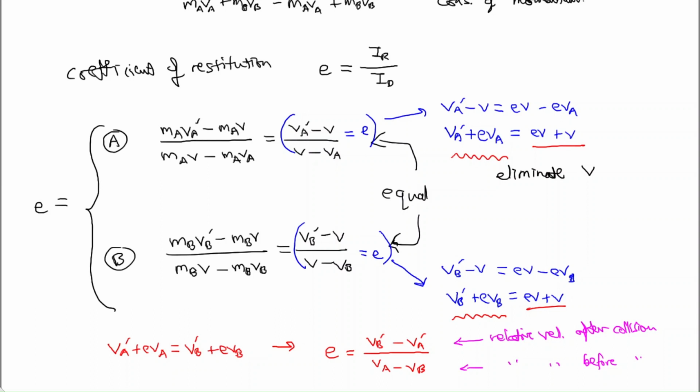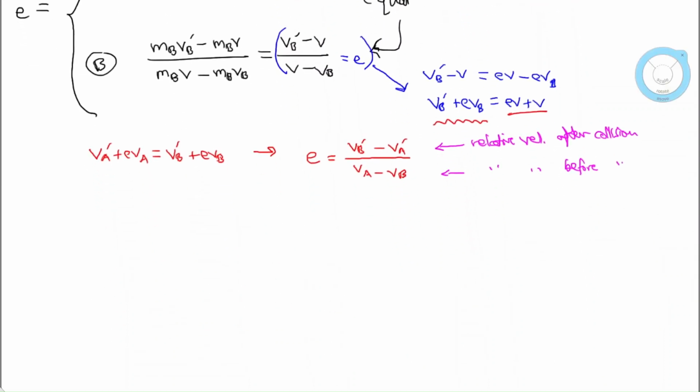Now finally, let me put one more thing on here for us. Let me remind us about conservation of momentum: m sub a v sub a plus m sub b v sub b equals m sub a v sub a prime plus m sub b v sub b prime.